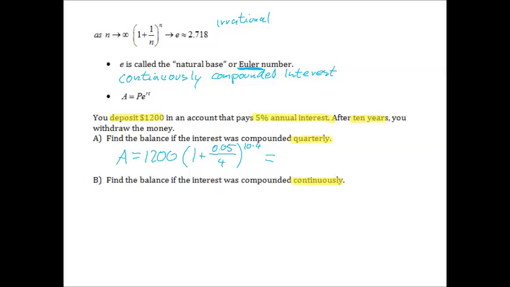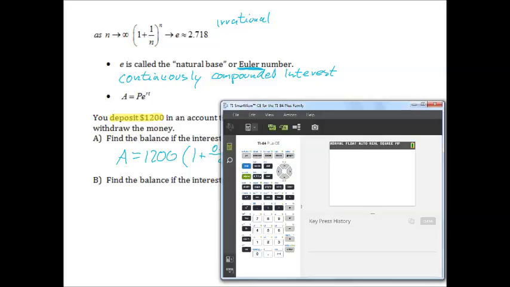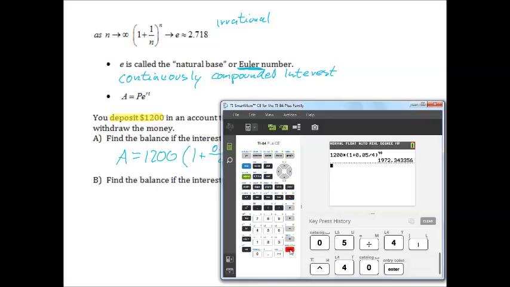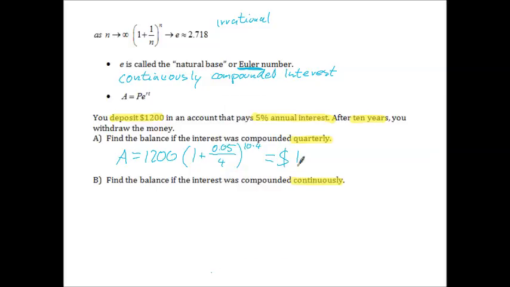And so that will be 1,200 times 1 plus 0.05 divided by 4 to the power of 40. And we get $1,972.34. Alright, so far so good.